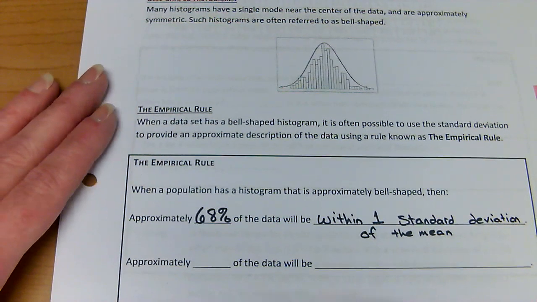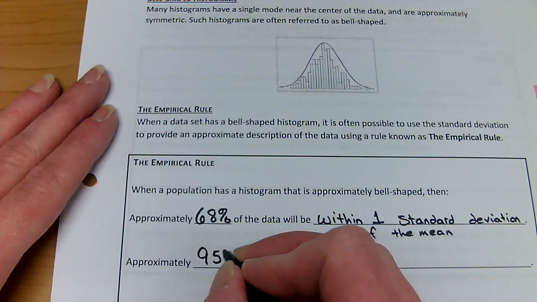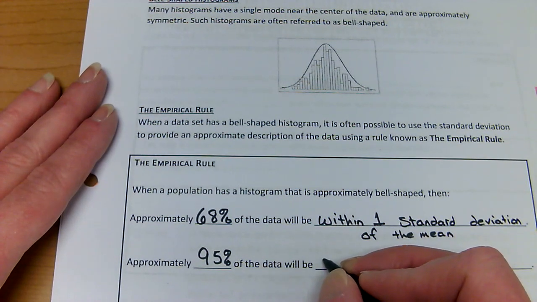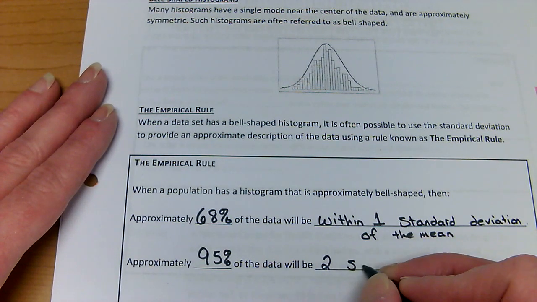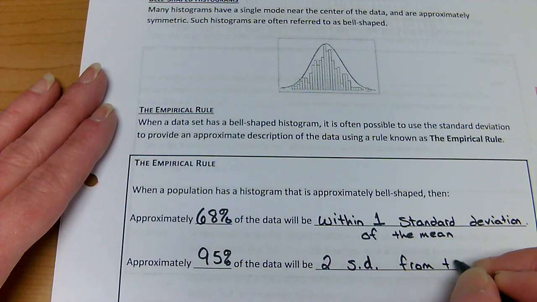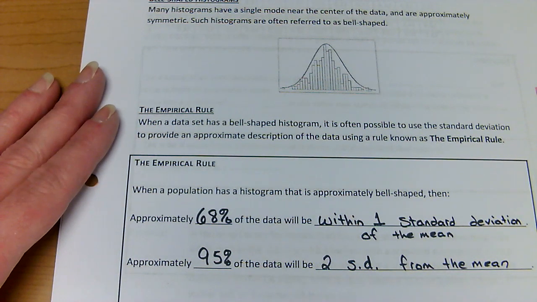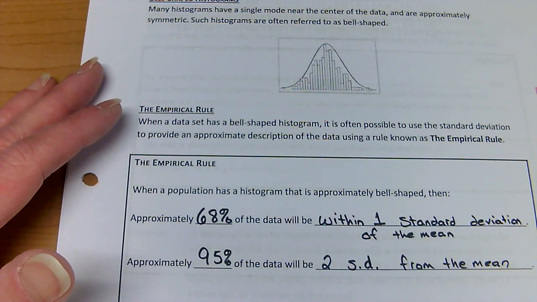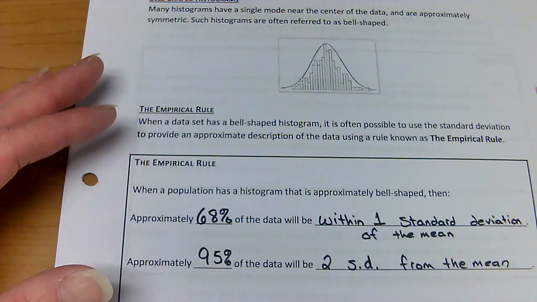Now, on top of that, 95% of the data will be two, I'm going to abbreviate, standard deviations from the mean. Wow, that's a lot. So almost all of the data is going to be within three.